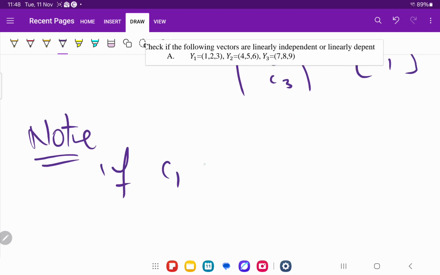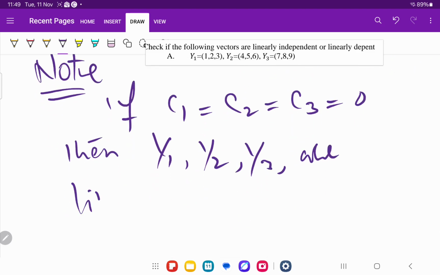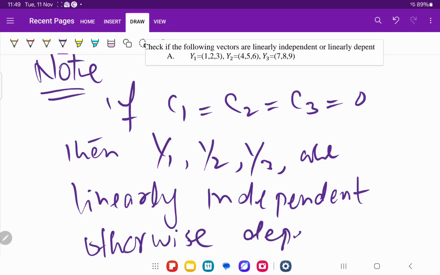If C1 equal to C2 equal to C3 equal to 0, if all are 0, then whatever the vectors we have, y1, y2 and y3 are linearly independent, otherwise dependent.